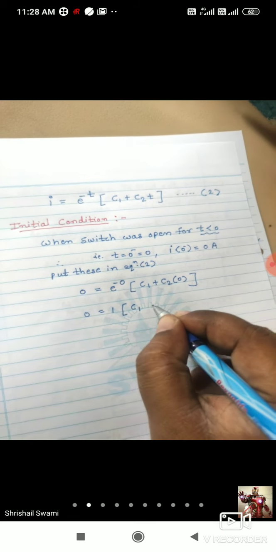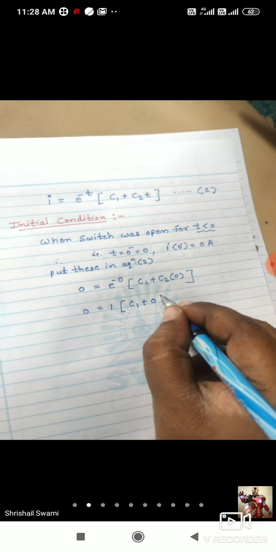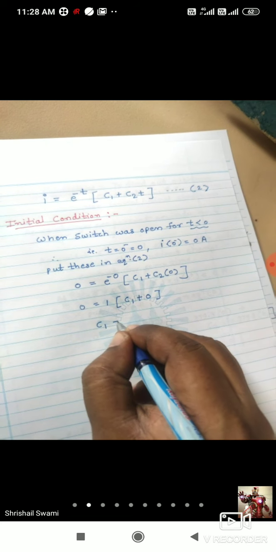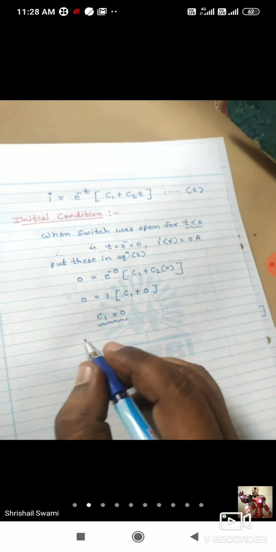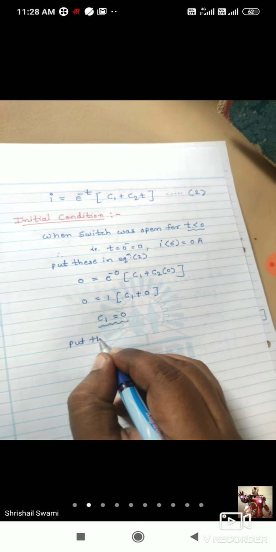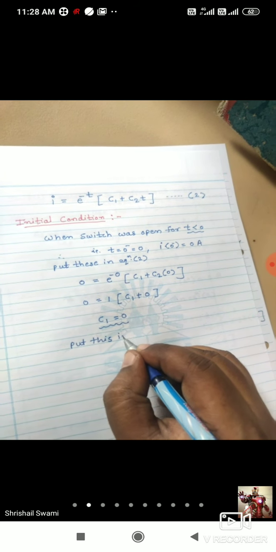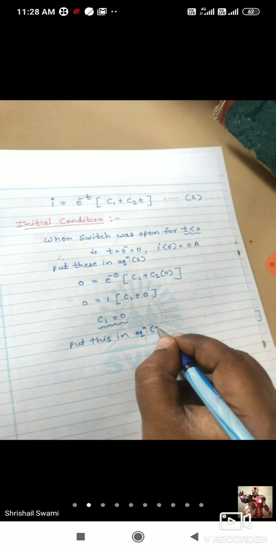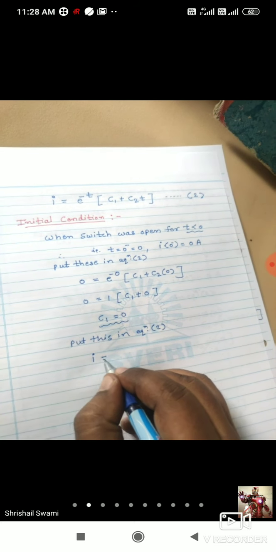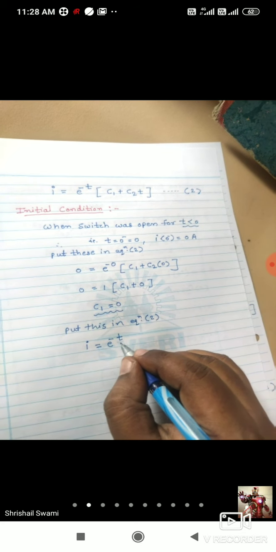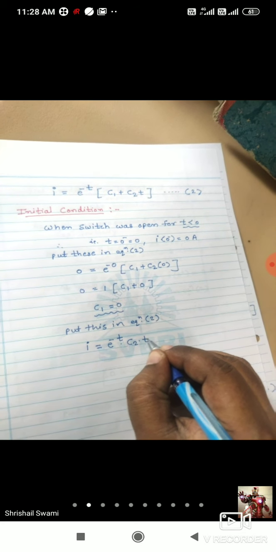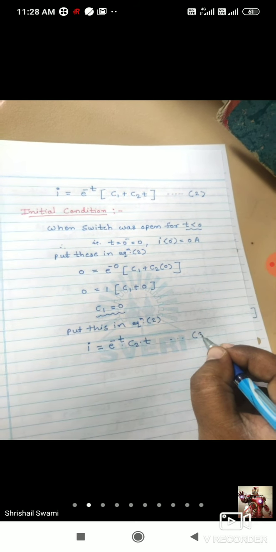So what you are getting here, 0 is equal to e raised to 0 is 1 into c1 plus this is also 0. So what is the value of c1? C1 is equal to 0. Okay, so put c1 चा आन्सर मिळाला. Put this in equation 2. So equation 2 is I is equal to e raised to minus t, c1 is 0, means only c2 into t is remaining. So this is equation number 3.